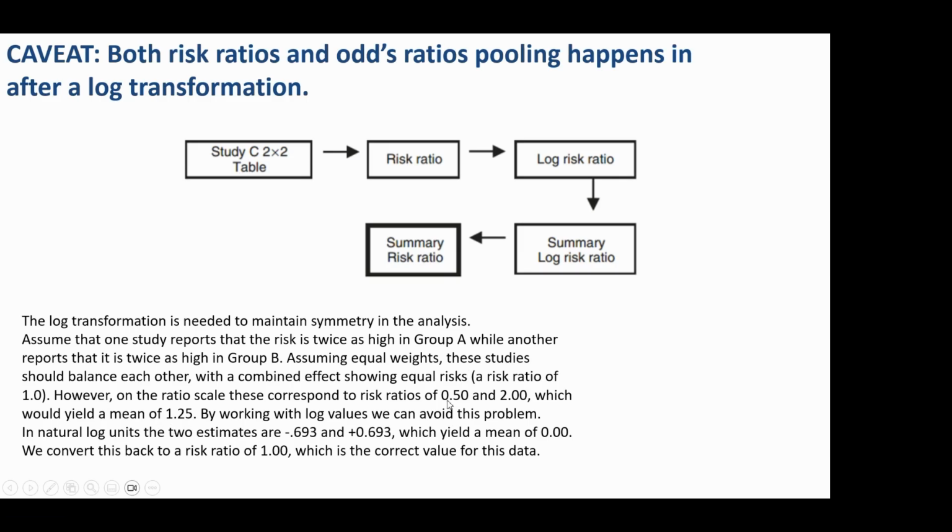If you instead work in the logarithmic domain, the logarithmic values of 0.5 and 2 are minus 0.693 and plus 0.693. That has a mean of 0 in the logarithmic domain. And if you go back, taking the opposite of the logarithm, you have a risk ratio of 1, which is balanced. So this is why the software has to use a logarithmic scale.